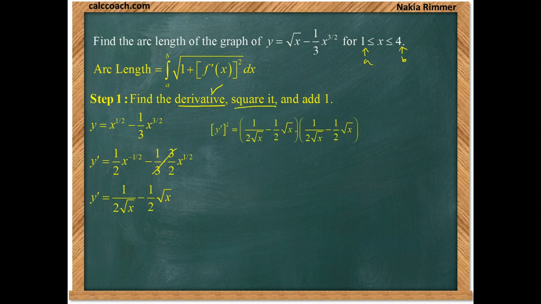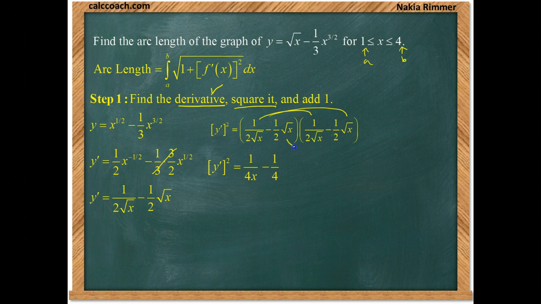Step 2, square it. Multiply it by itself. FOIL it out. We would get 1 over 4x, because root x and root x make up x. But then, when we multiply the outer terms, the half and the half give you a fourth. The root x from the denominator and the root x from the numerator cancel each other out. And then it's a positive times a negative, so it's a negative a fourth.